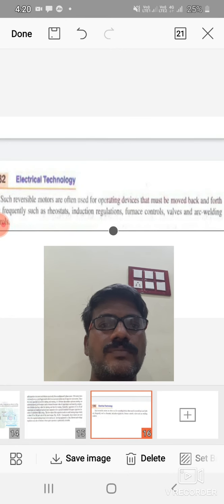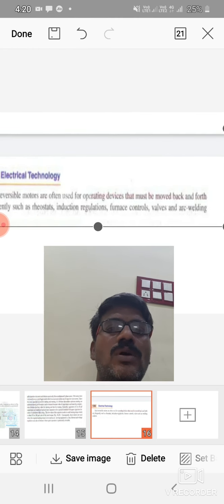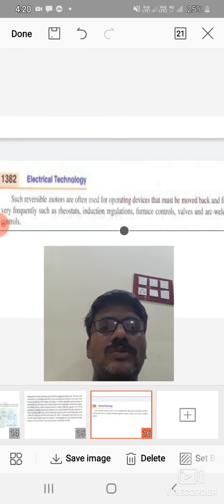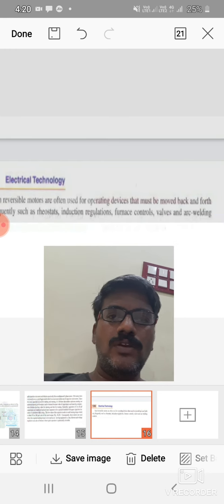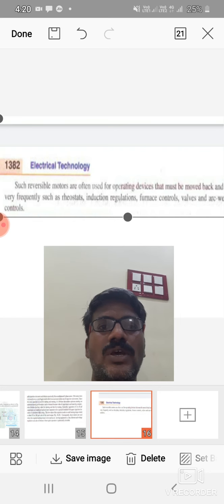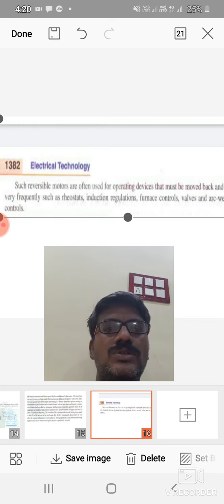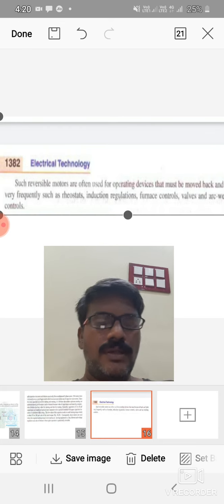Such desirable motors are often used for operating devices that must be moved back and forth very frequently, such as rheostats, induction regulators, and furnace controls, right?